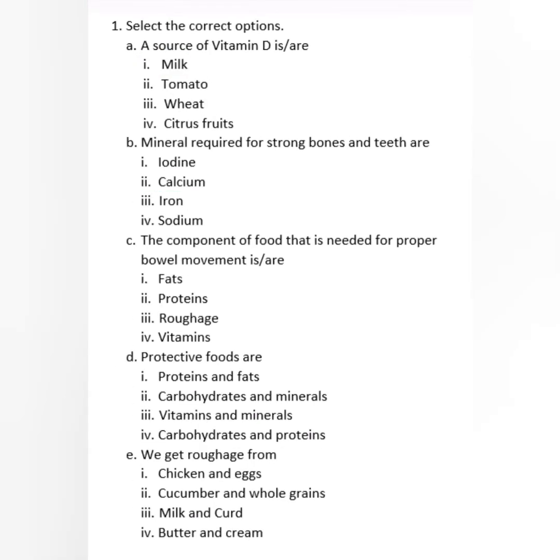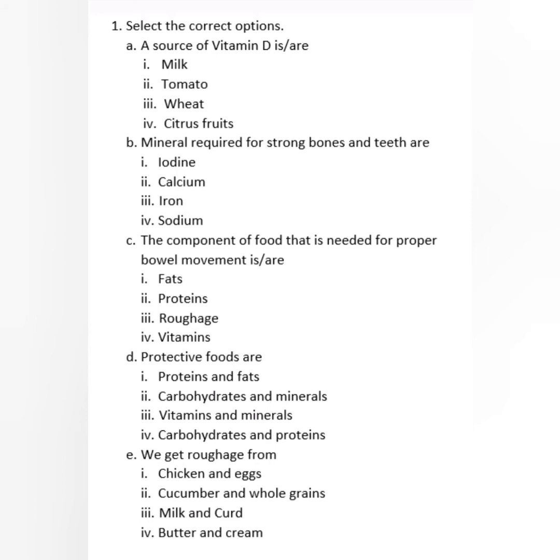Next C part. The component of food that is needed for proper bowel movement is 1. Fat, 2. Protein, 3. Roughage, 4. Vitamins. First you think of the functions of these options. 1 correct answer is there. First fat. What is that? Energy giving food. Then protein, body building food.